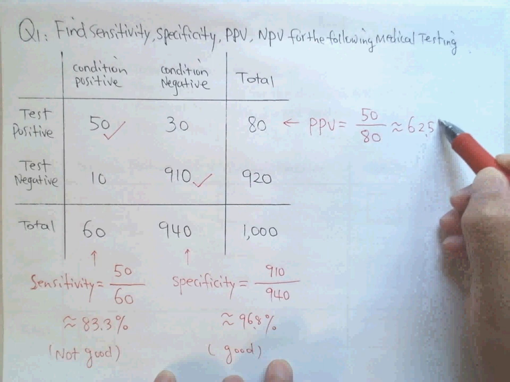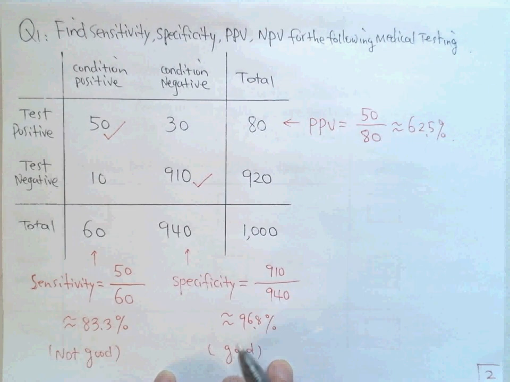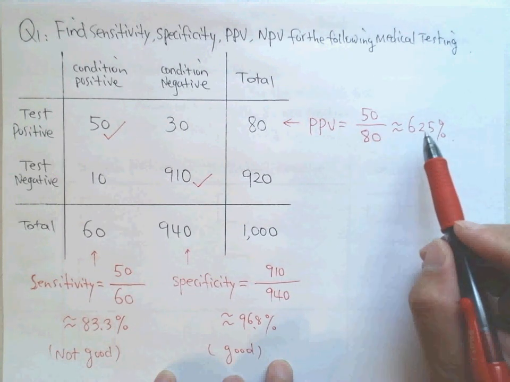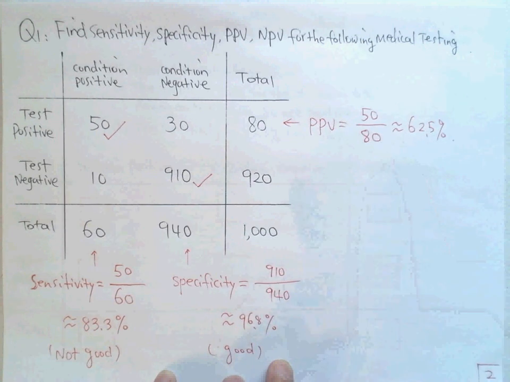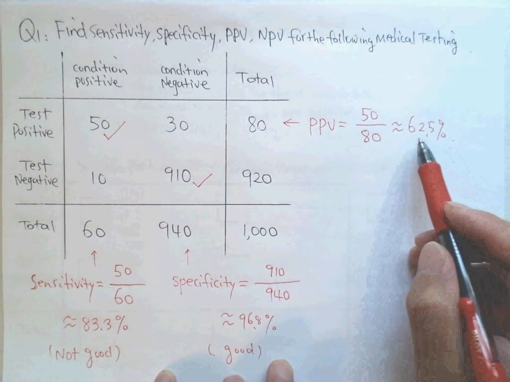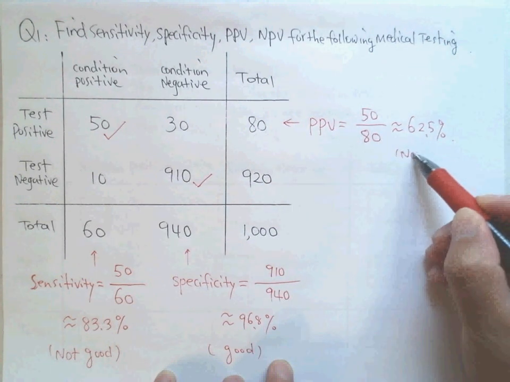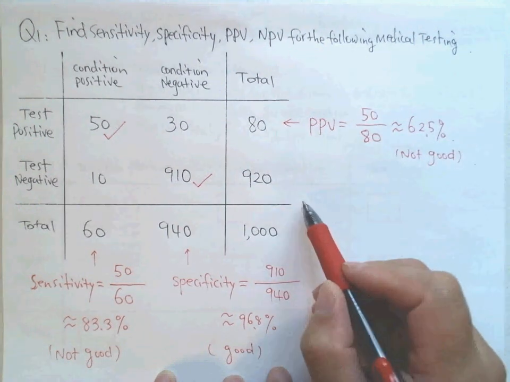I get 62.5%. Okay, means if you're going to pick 100 positive test results, only around 63 are true, correct test results. See, a lot of wrong, a lot of wrong. So this is definitely not good, right? This is definitely not a good result.